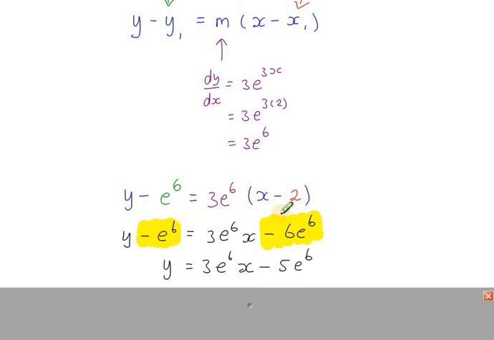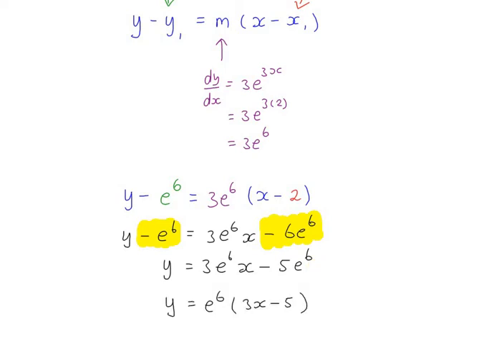So I've added e to the power of 6 on each side, so we're just collecting like terms, simplifying. And we could factorize by taking e to the power of 6 out, or we can leave the final answer in this form.